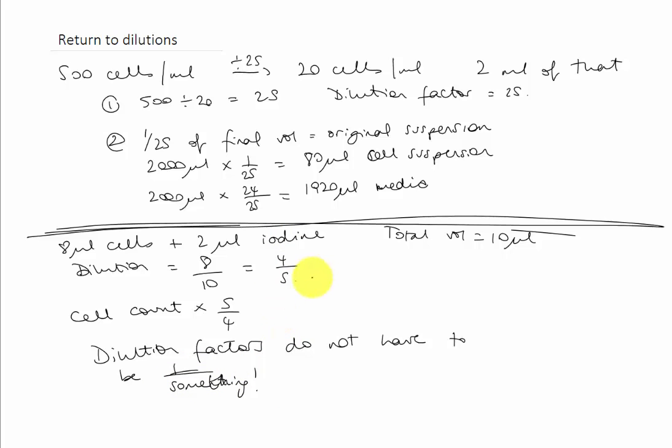So normally you'd multiply your cell count by 100/1, but in this case it's by 5/4. So that over 1 has been implied in the things I've been telling you so far, but it doesn't have to be a 1 in your dilution factor fraction. Excuse me.